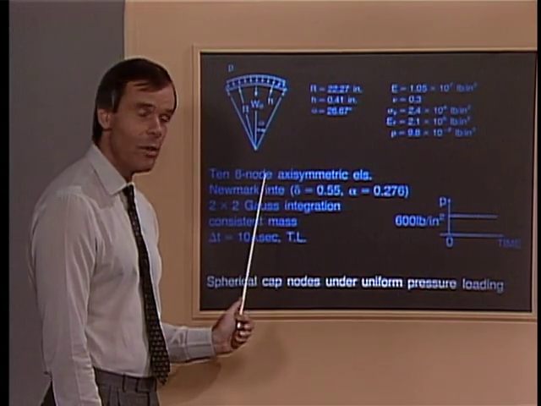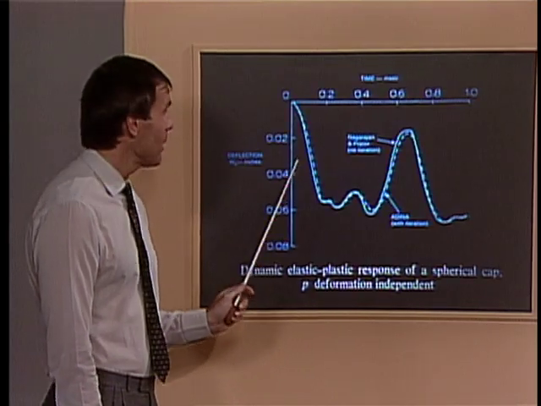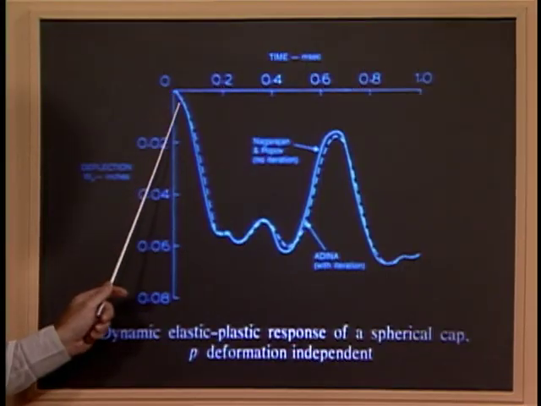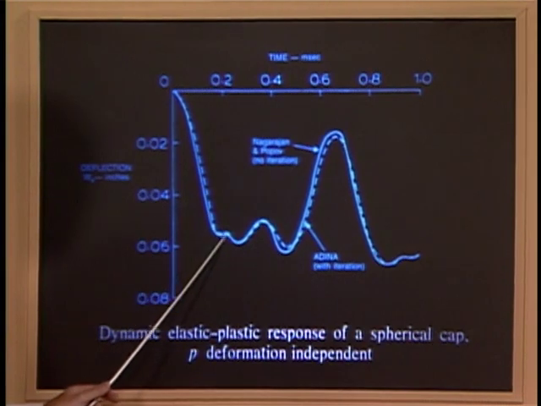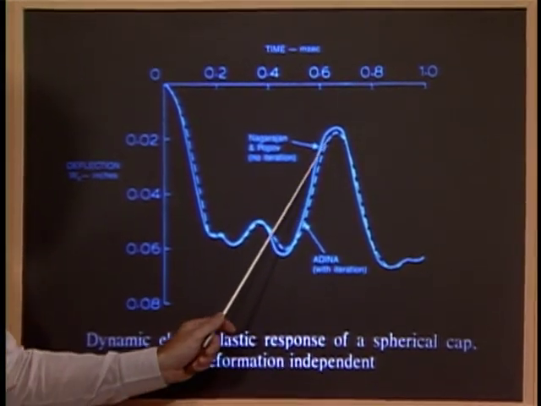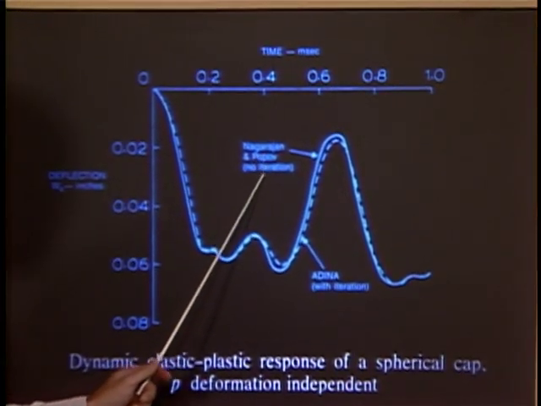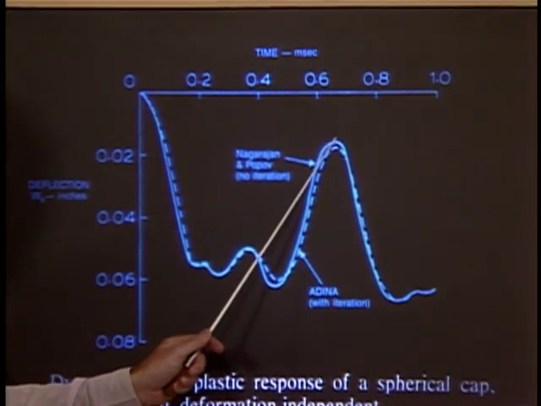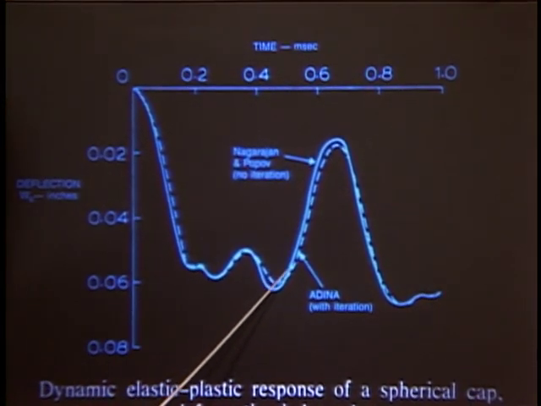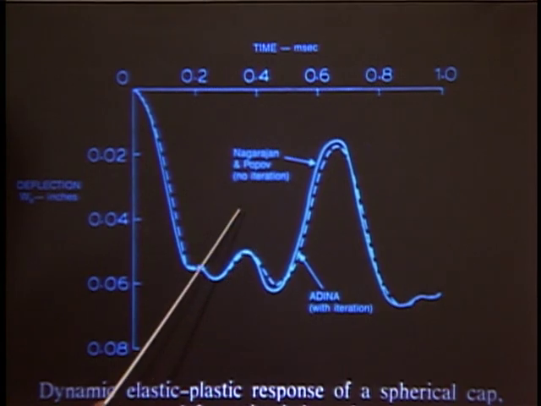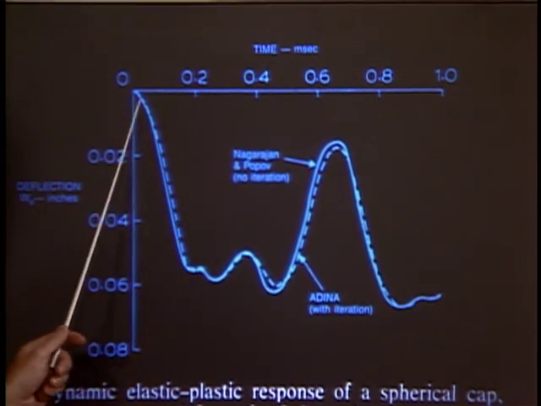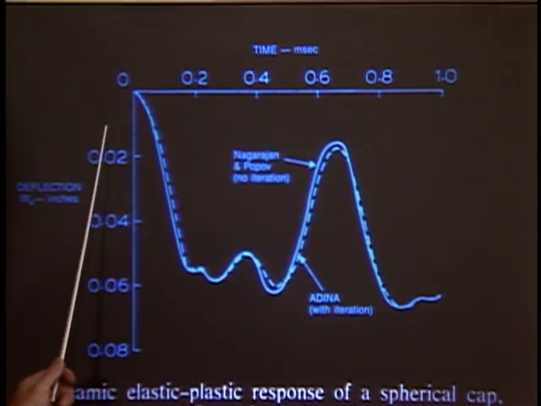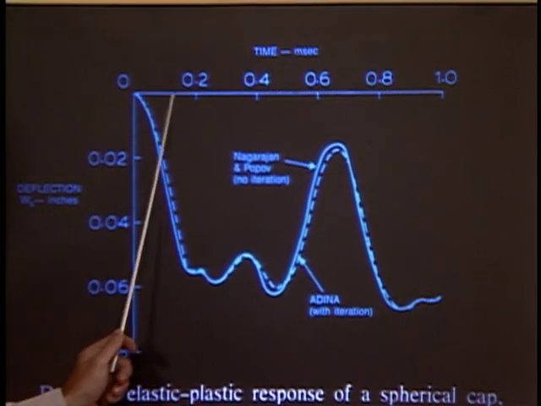The next slide now shows a response that we predicted. Here we see the Adina solution, a dashed line, compared with a solution by Nagarajan and Popov given by the solid line. Notice we are plotting here the apex displacement of the shell as a function of time.